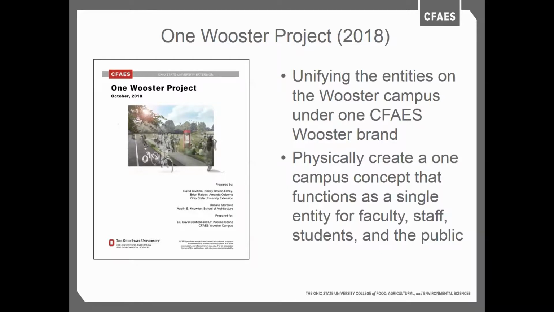I have two other projects that I want to share with you, and this one is the One Wooster Project. Historically, the Wooster campus has functioned as two different campuses under OSU's College of Food, Agricultural, and Environmental Sciences, CFAES, of course. One side of the Wooster campus is the Ohio Agricultural Research and Development Center, OARDC, and that's focused on faculty research and graduate students, basically based in departments.